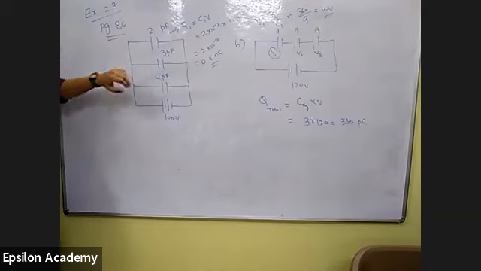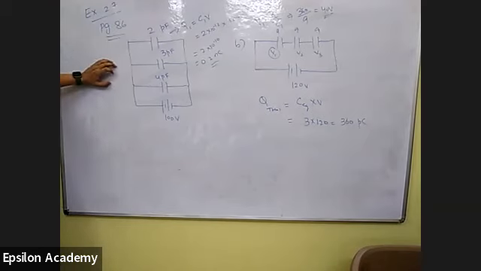So what about this one? 0.3 nanocoulomb, 0.4 nanocoulomb. Then you can do it. Correct? Remaining problems we'll do tomorrow.